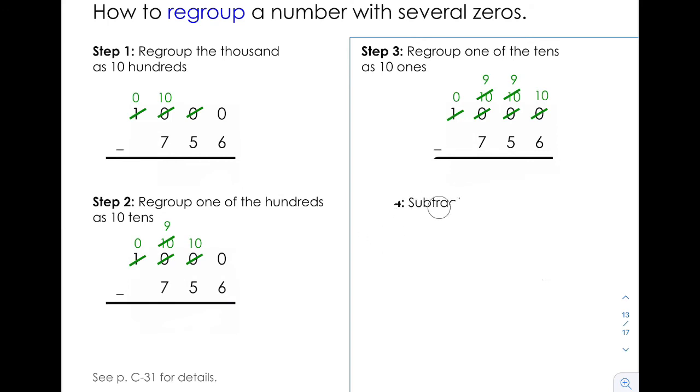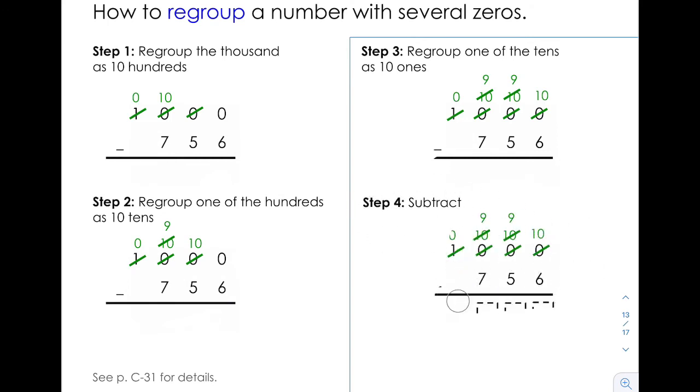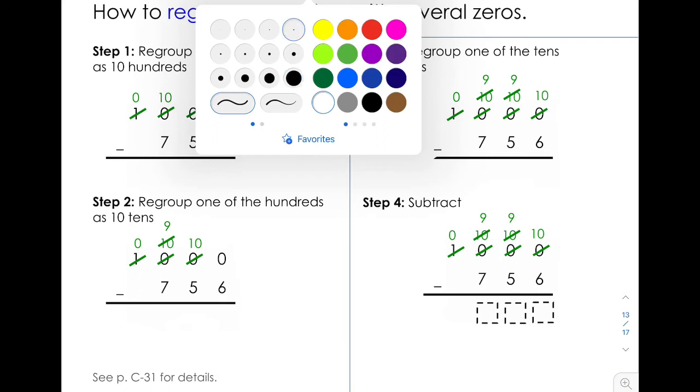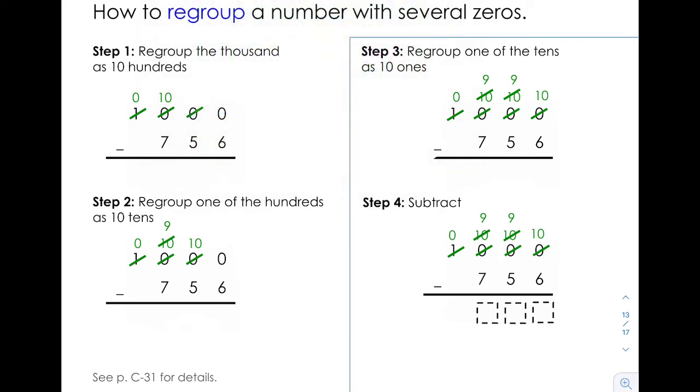And finally, step 4, we're going to subtract. So let's see what that looks like. In the ones spot, we didn't borrow from that 10, so that's why it stays as a 10. 10 minus 6 is 4. 9 minus 5 is also 4. And 9 minus 7 is 3. So 1,000 minus 756 is 344.